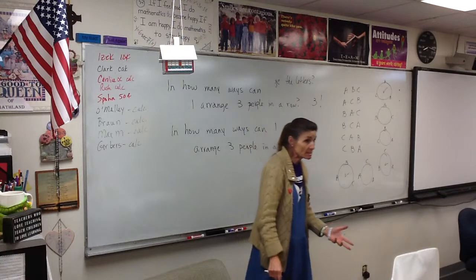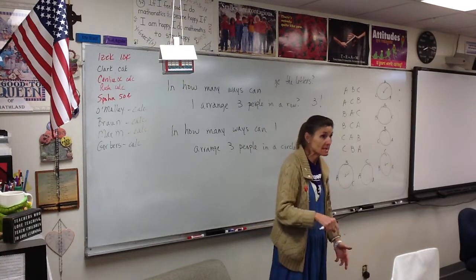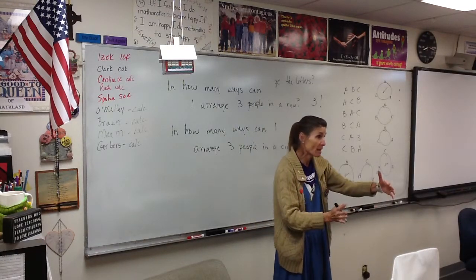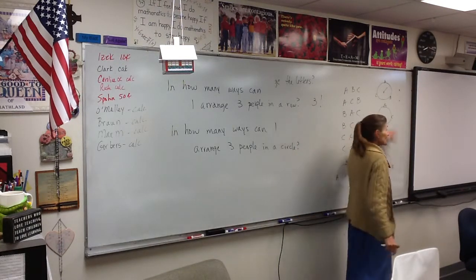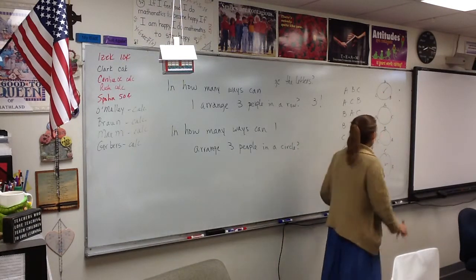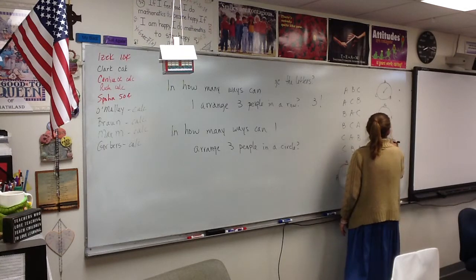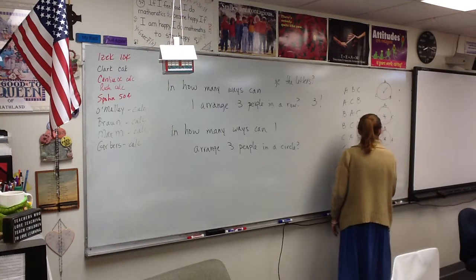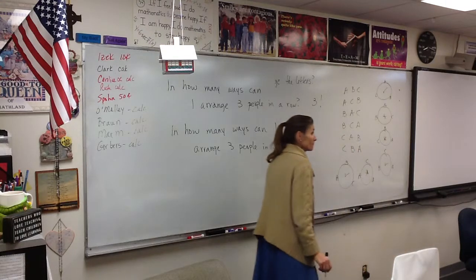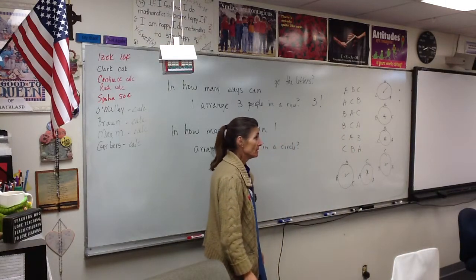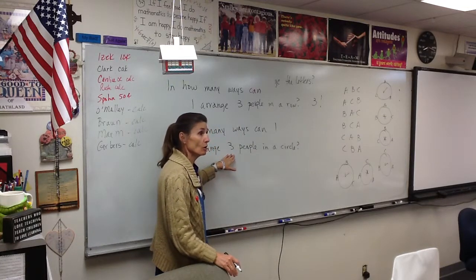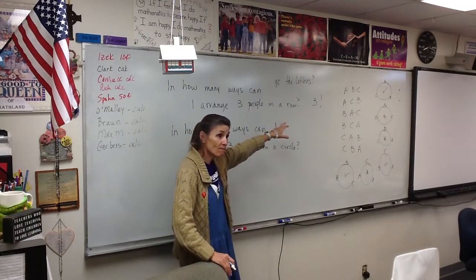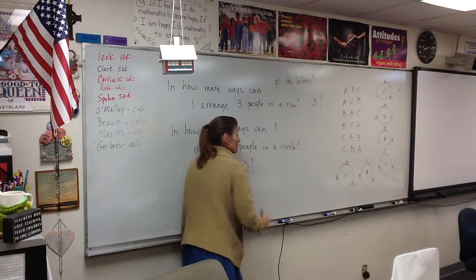Aren't they really in the same order? The people are in the same order, but the table has just been rotated. These are not different arrangements. These are the same. What about this one, and this one, and this one? Are they also the same? Yes. In fact, 3 people in a circle is not 3 factorial, it's 2 factorial.